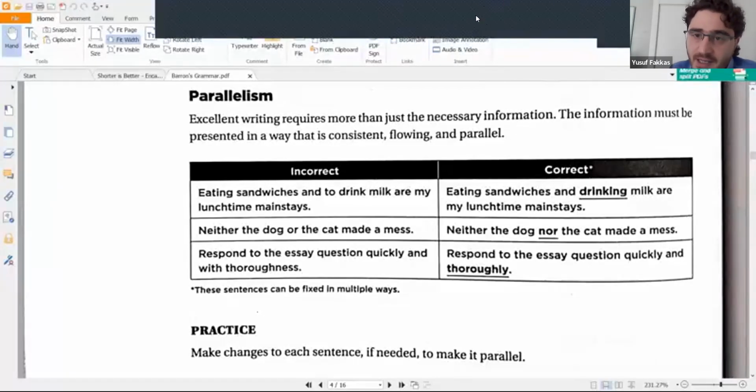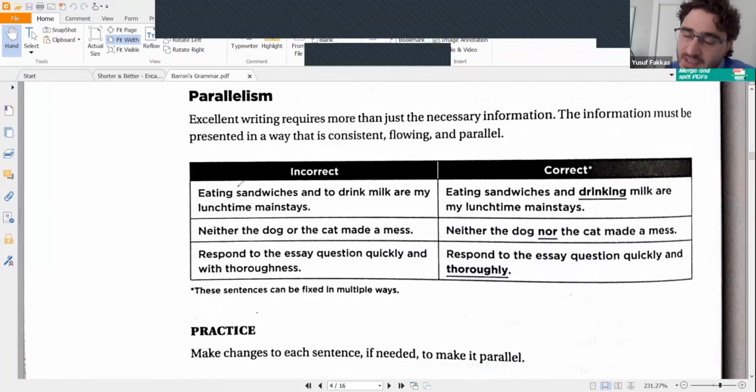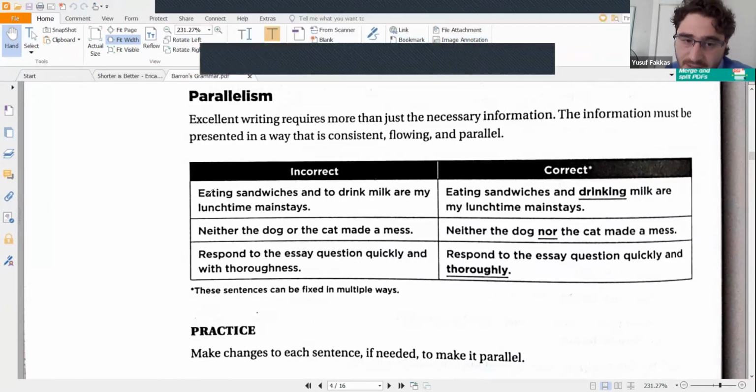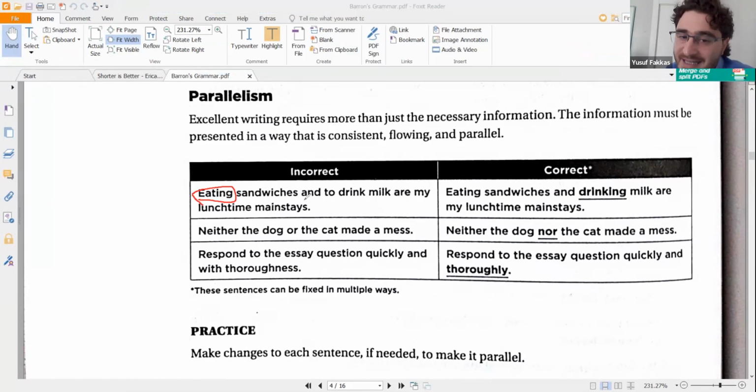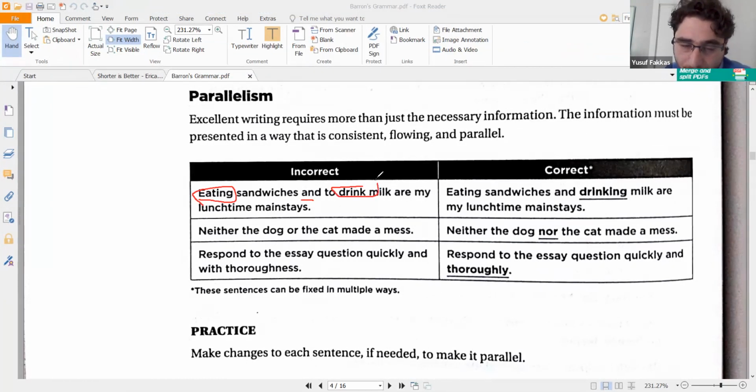So the first slide is showing you some examples that are not correct, like here, eating sandwiches. So here we have a verb with ing, and to drink milk are my lunchtime mainstays. Again, grammatically, it's not wrong, it's fine. But when we talk about the style of the sentence, it's not parallel.